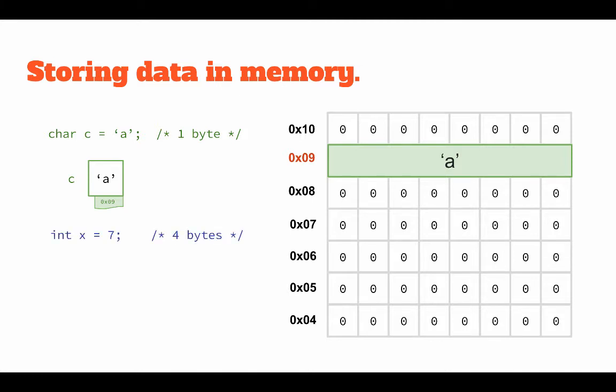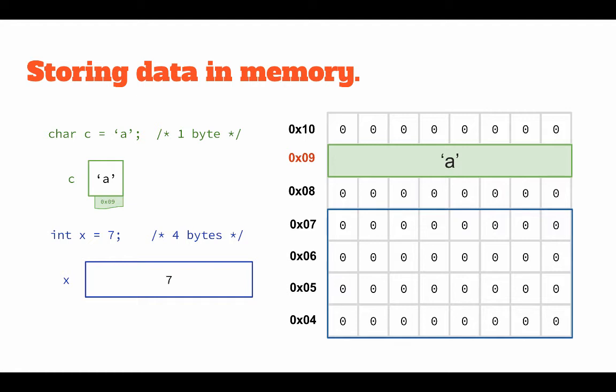Okay, just to do another quick example, the same thing is going to happen if we initialize a variable x. If I have int x equals 7, that's going to take up 4 bytes on this hypothetical system. I'm assuming that my integers are 4 bytes. So we can draw a little high-level box. We say we have a variable x and it stores 7. And again, what's really happening is that my program is going to request enough memory to store an integer.